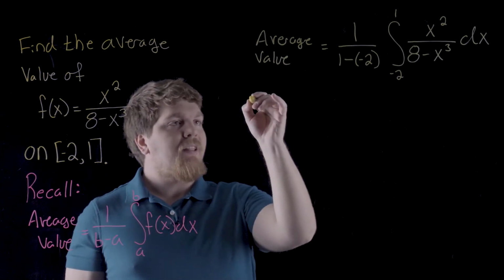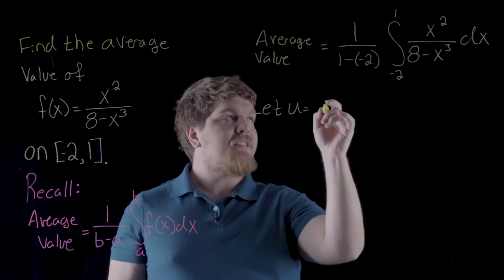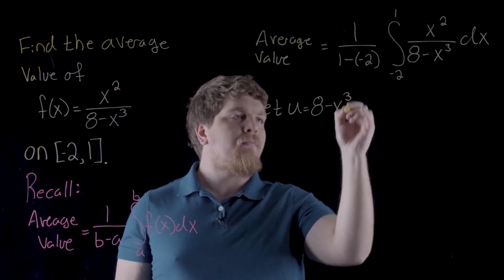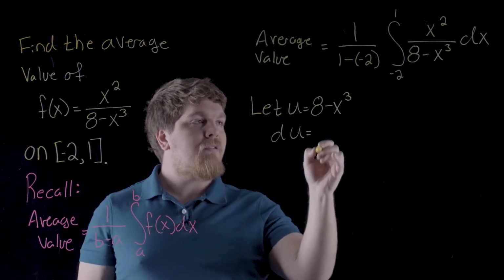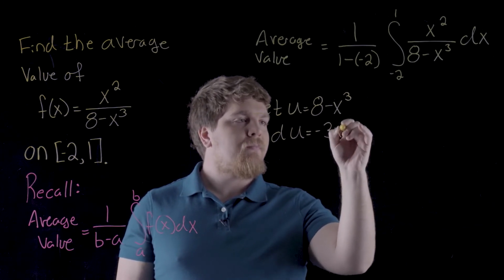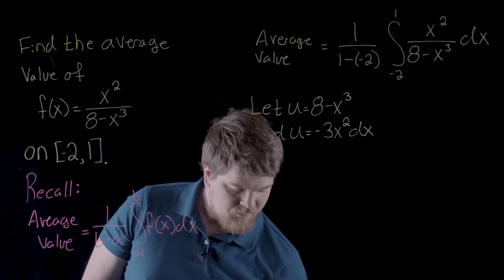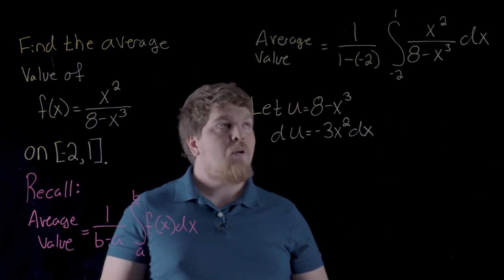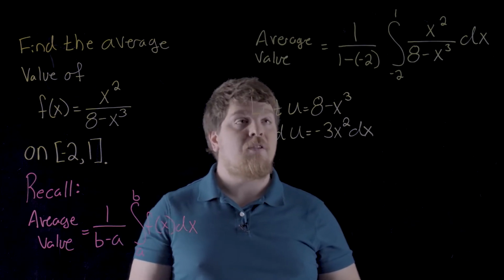So let's begin by letting u equal the denominator, in this case 8 minus x cubed. Du then will be equal to -3x squared dx. Since this is a definite integral, we will also need to replace our limits of integration with numbers in terms of u.